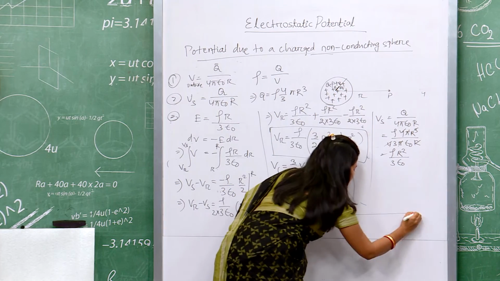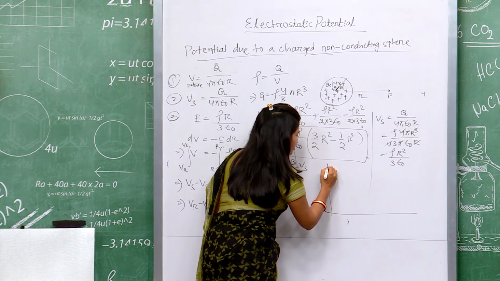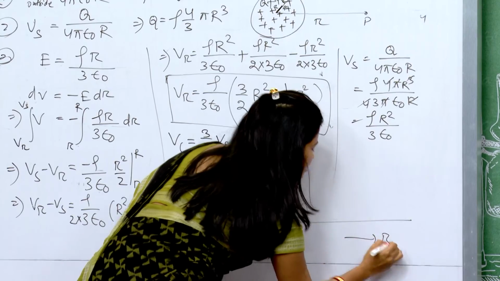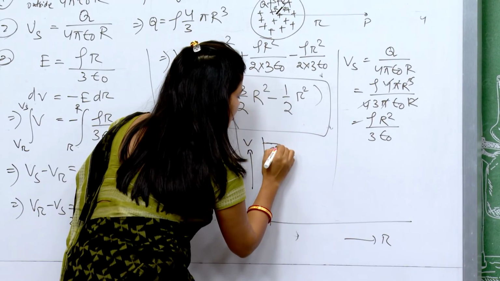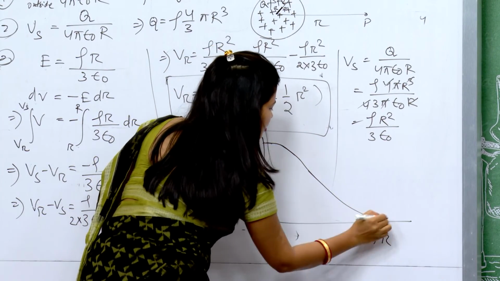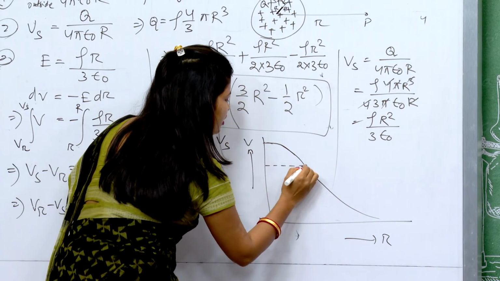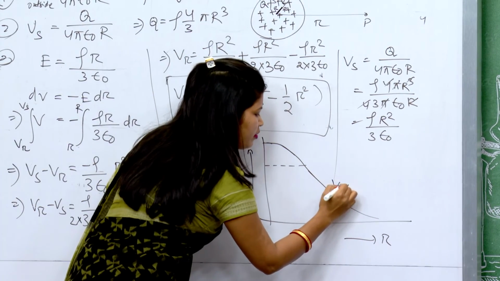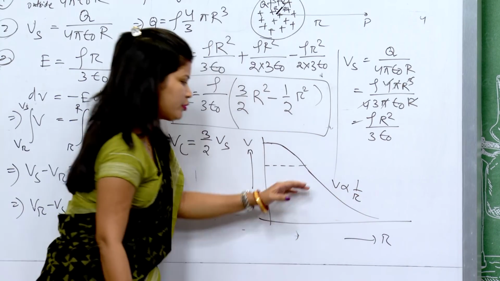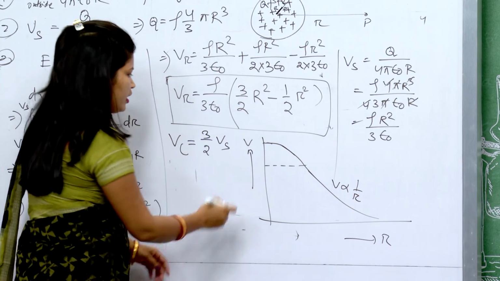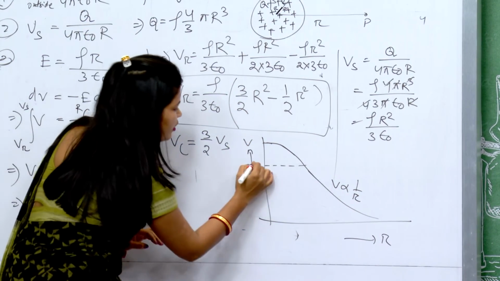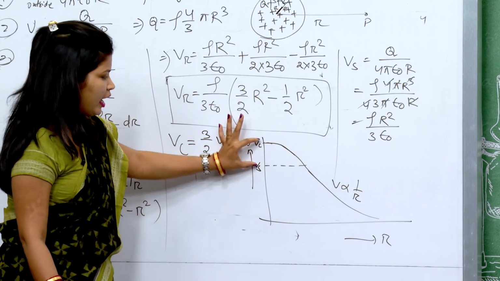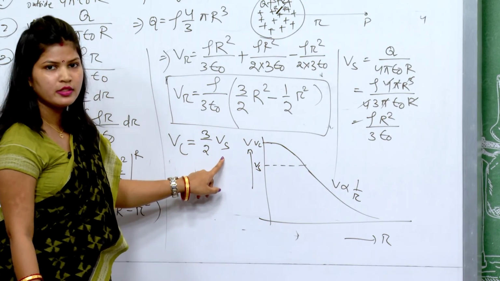So, in the graph, at the center it is maximum, and when I go outside it keeps decreasing, and at the surface it has a fixed value, and outside, as V is inversely proportional to R, it keeps decreasing. See, at the center it is Vc and on the surface it is Vs. So, at the center this is 1.5 times the potential on the surface.